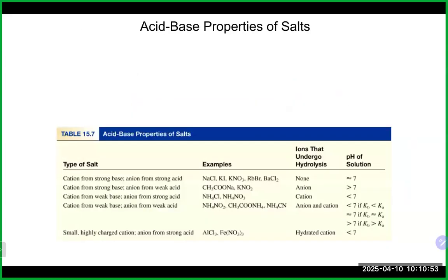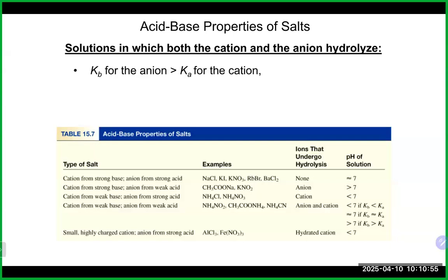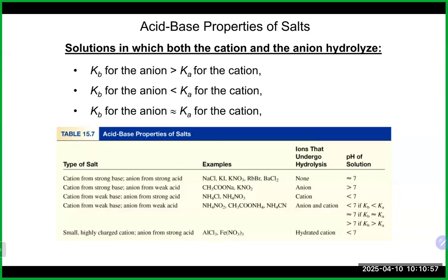So what happens though if you did have a salt that perhaps this way here, that both parts could go through hydrolysis. So for example, let's say you had ammonium nitrite, and ammonium nitrite would break apart into the ammonium ion and the nitrite ion.